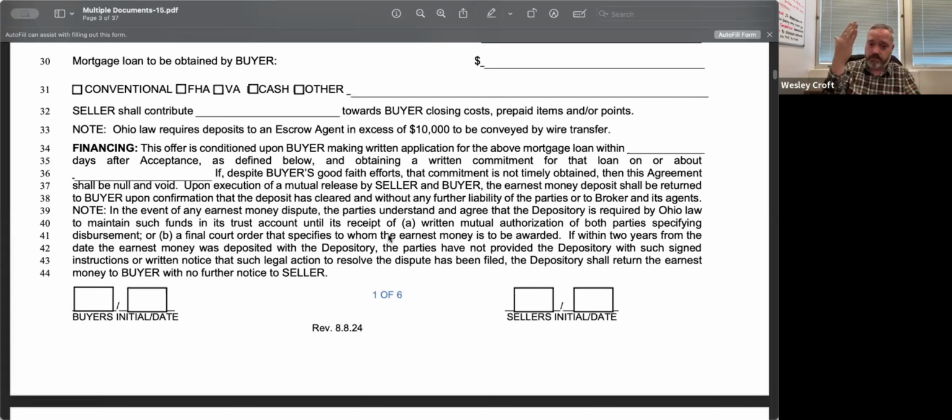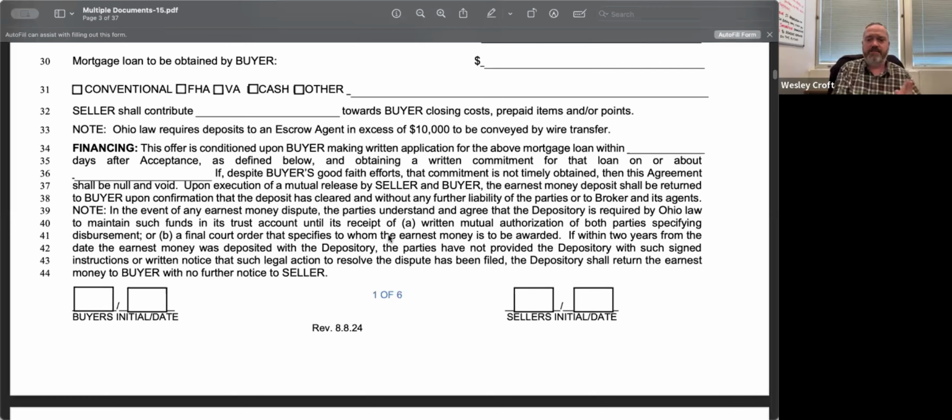So let's say today's the 27th of October. If we went into contract today, the clock would start to tick today. And we're talking about calendar days, not business days. So by next Sunday night, they need to have made written application for the loan with the lender if you write 7 days in that blank on line 34.